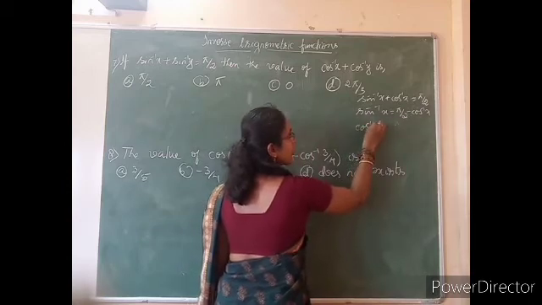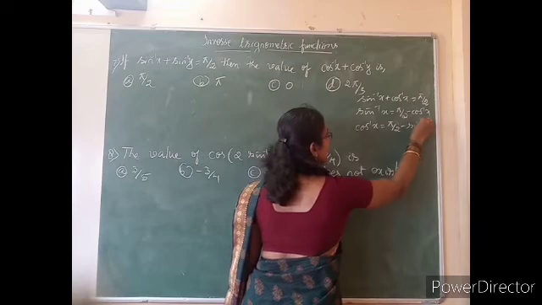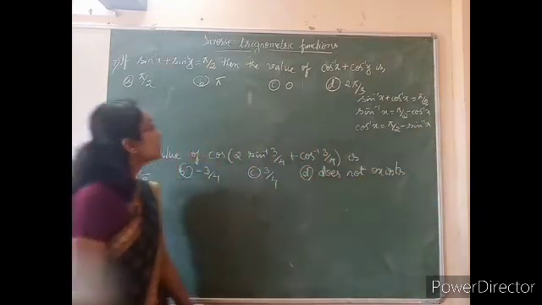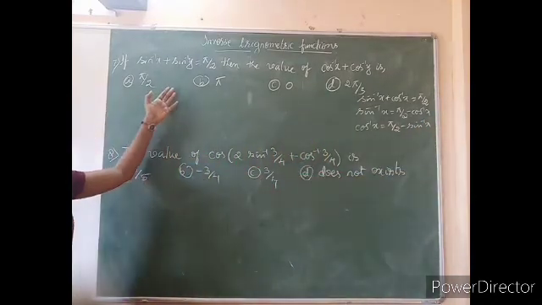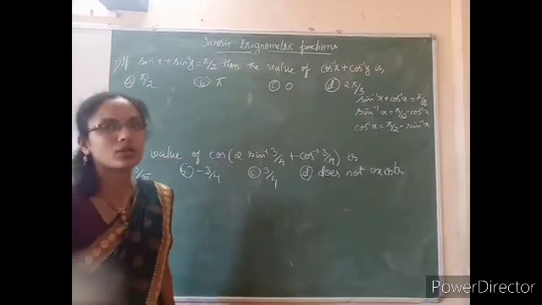Similarly, cos inverse of x is equal to pi by 2 minus sine inverse of x. So here sine inverse of x plus sine inverse of y is equal to pi by 2. I want cos inverse of x plus cos inverse of y.